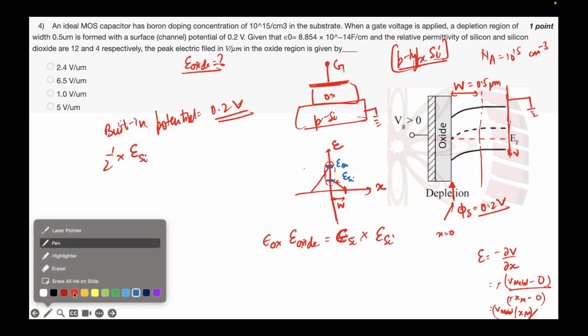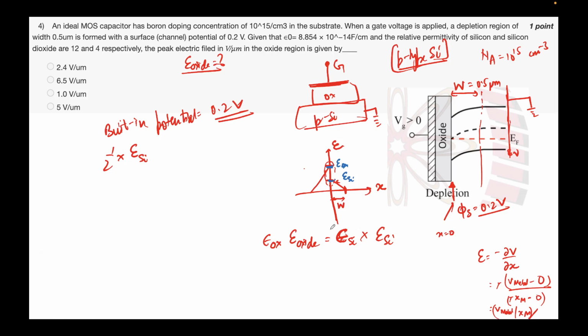Coming back, the area of this right angle triangle will be half times base into height. Height is the electric field of silicon times W. This should be equal to 0.2. So the peak electric field of silicon will come out to be 2 into 0.2 divided by the depletion width, which was 0.5.